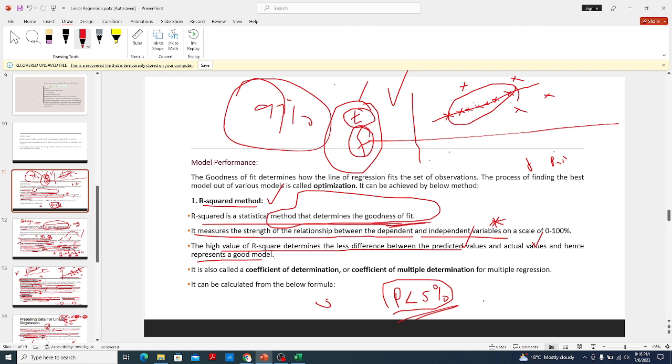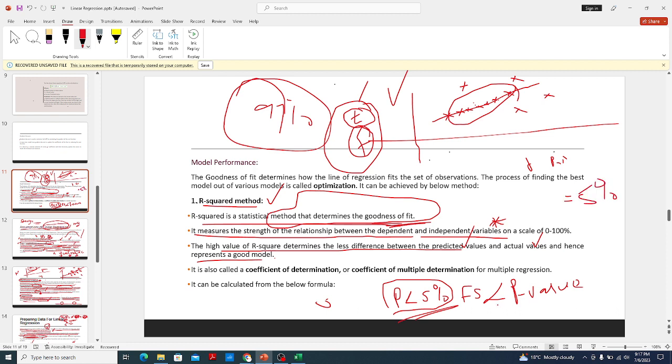For our model to be good, the F significance should be less than the p-value. The p-value is usually set at 5%.